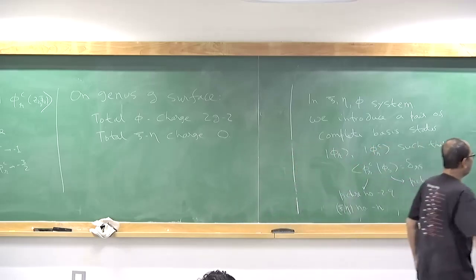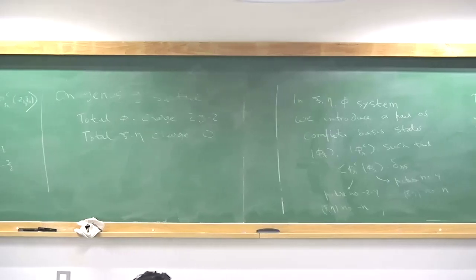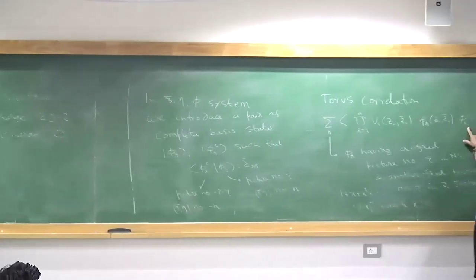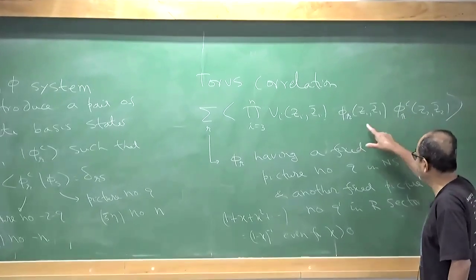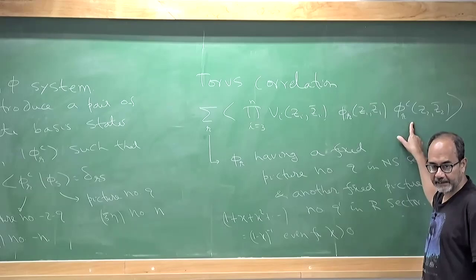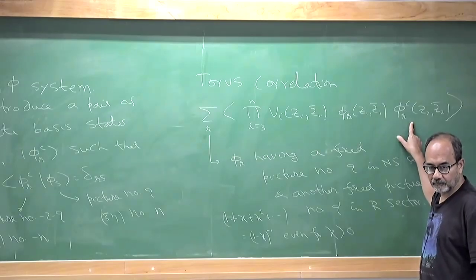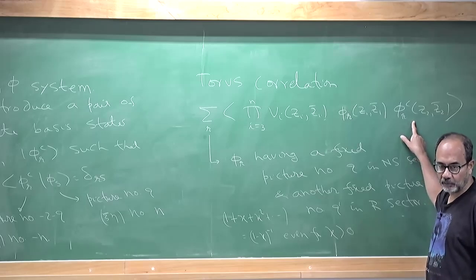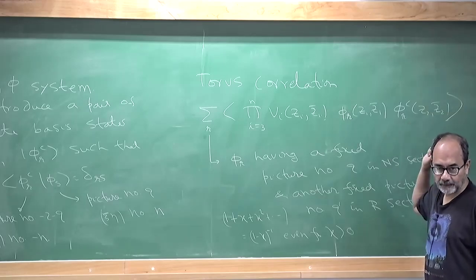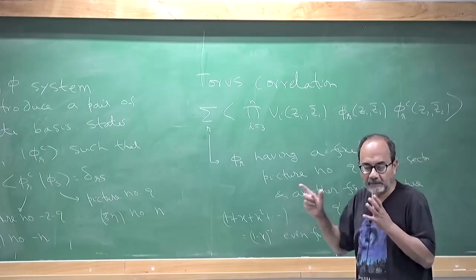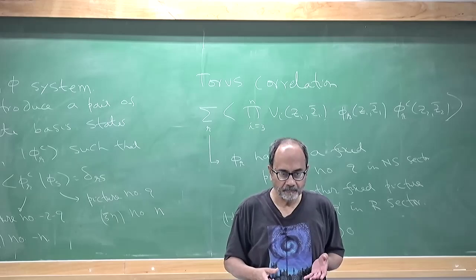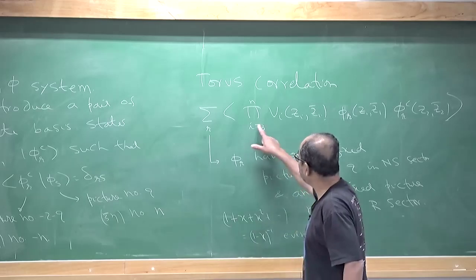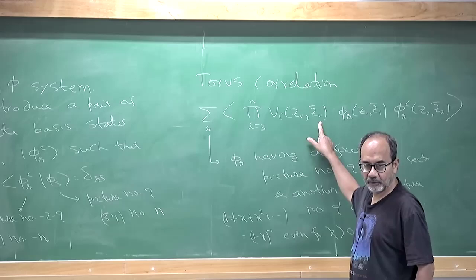Here, if you look at this, we concluded phi r and phi rc have total picture number minus 2, because if one has q, the other one has minus q minus 2. So add them: q plus minus 2 minus q. So these two together have minus 2. On the sphere, you have seen that the total phi charge has to be minus 2. So this must have total picture number 0.